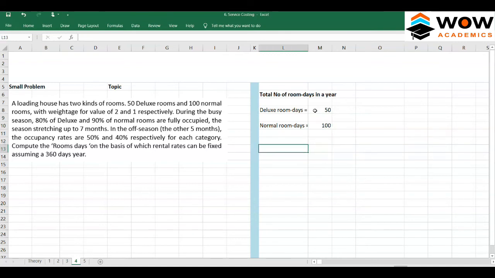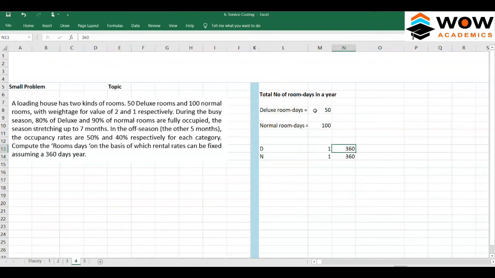For example, we'll put it like this. You have a deluxe room. There is only one deluxe room, and it's available for 360 days. And you have one normal room for 360 days. But the cost and income of a deluxe room is going to be twice that of the normal room.